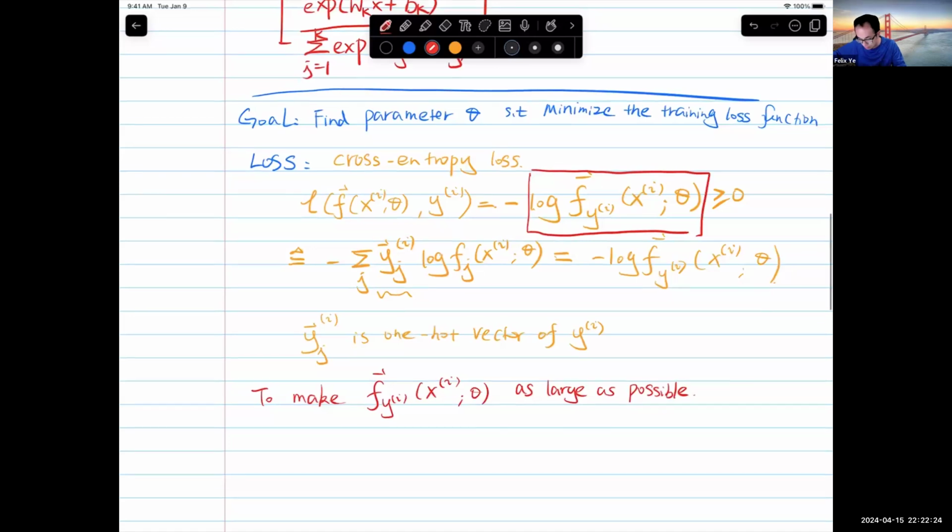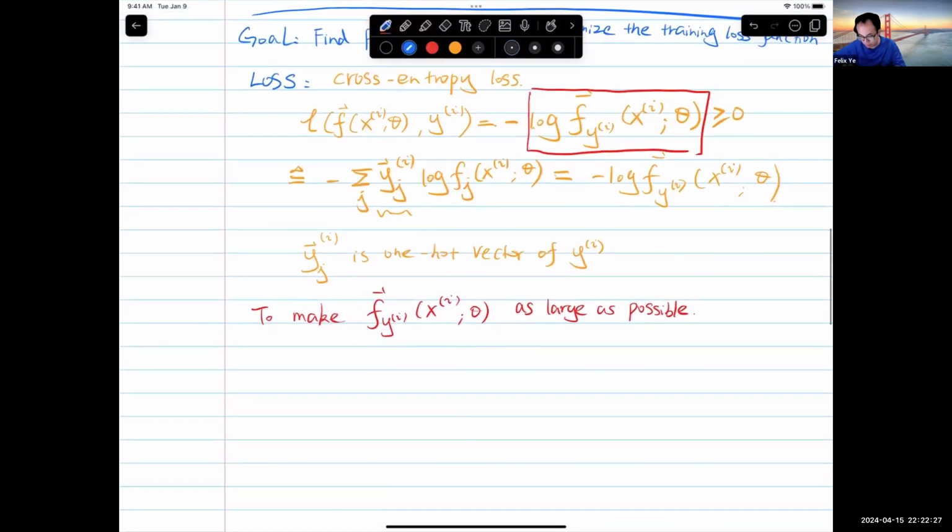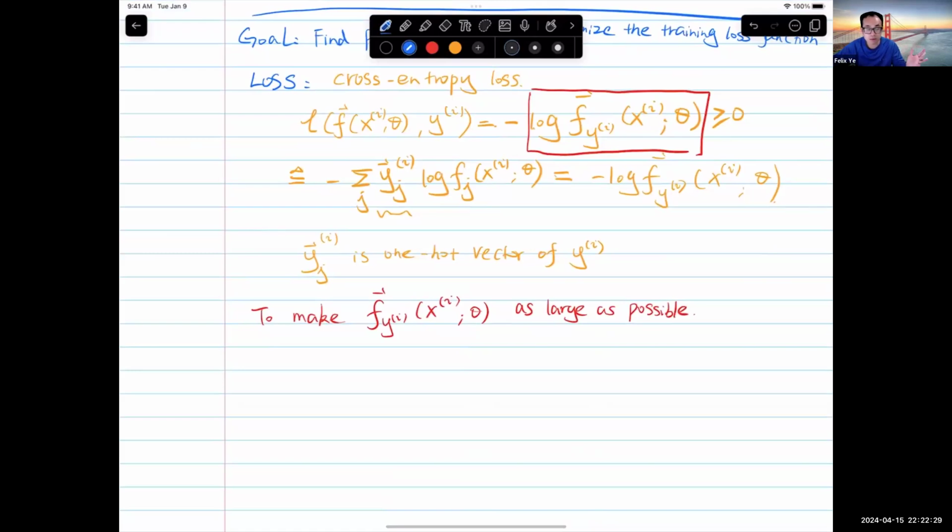All right, and of course this is for one single data point, and for the total loss we need to sum all the cross entropy losses over the full training set. So the training loss is the cross entropy on the full training set.